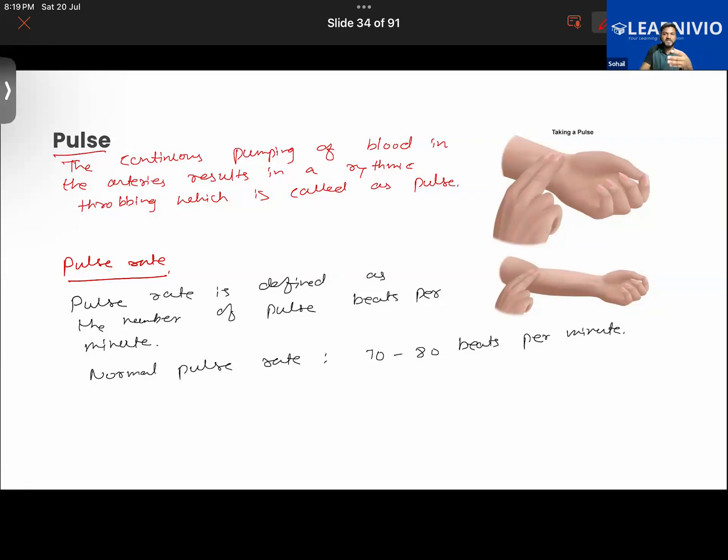If the pulse rate is high, the heart might not be functioning properly. If the pulse rate is low, the heart might not be functioning properly. So it's a reflection of the health of the heart also. Pulse rate is a very vital indicator of our health.